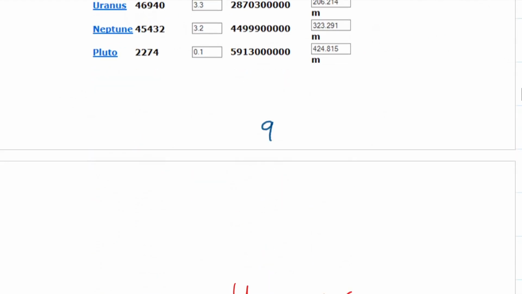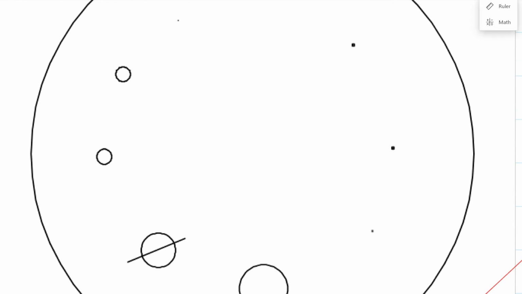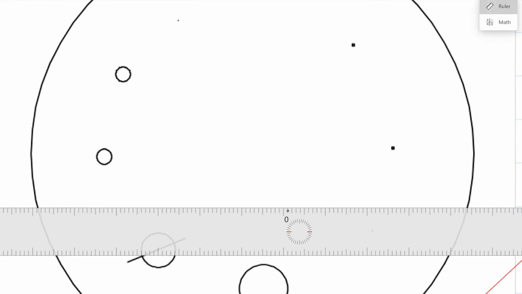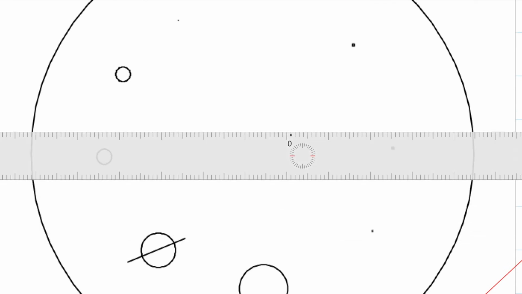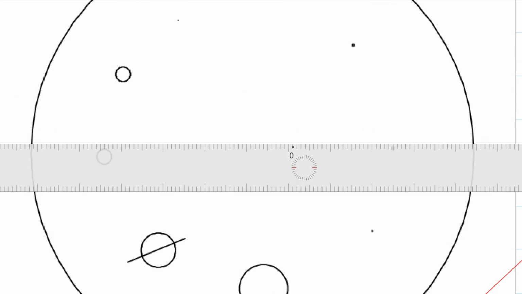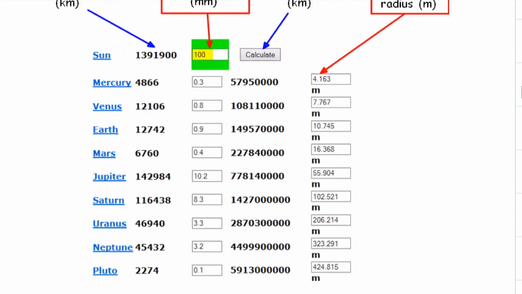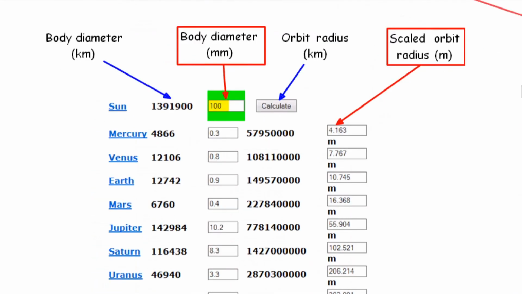On the next page of your booklet, the diameter of the Sun across here should be about 10 centimeters. Are we dealing with diameters or radii? Body diameter, yeah, diameter.